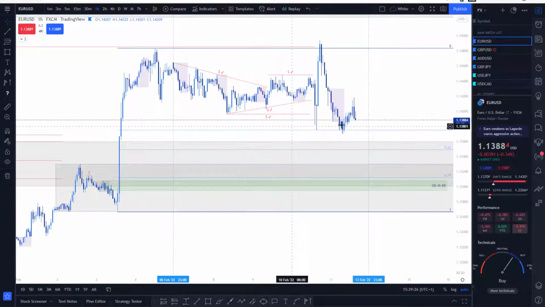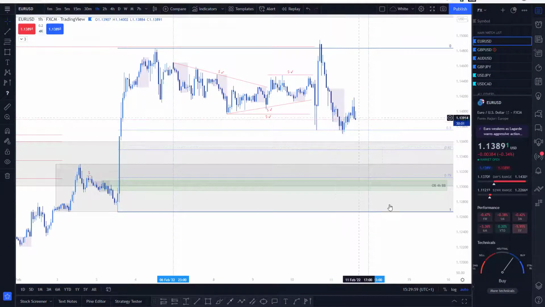So it took liquidity, went down to the 50%. This 50% is also in line with the imbalance left open between this candle close on this week and this week here. And after that, it turned bullish. It took liquidity, so this internal liquidity, this external liquidity, and reversed down and made a lower low.